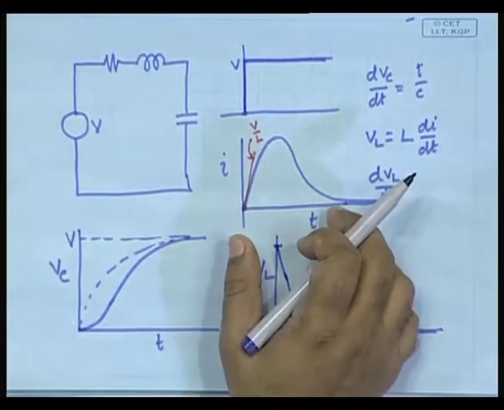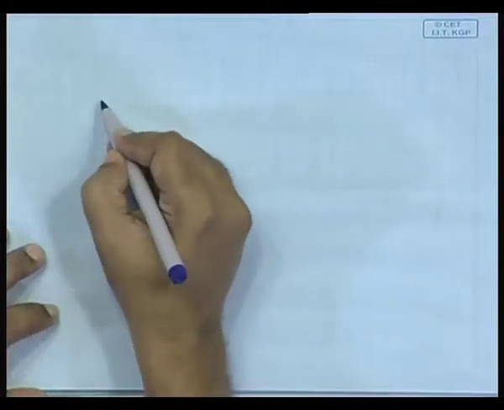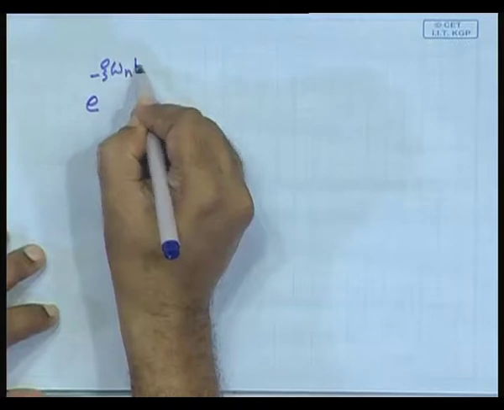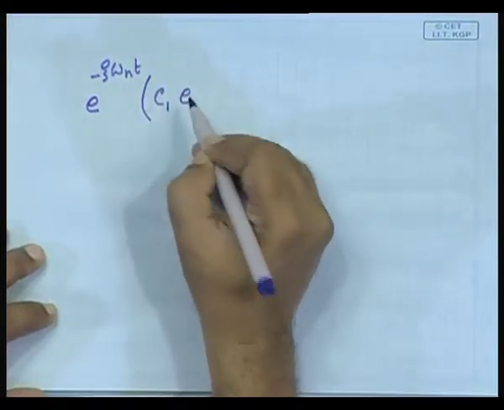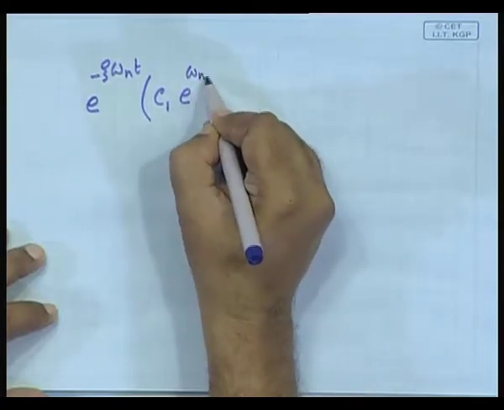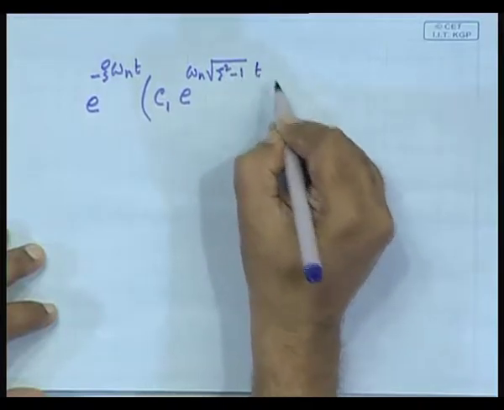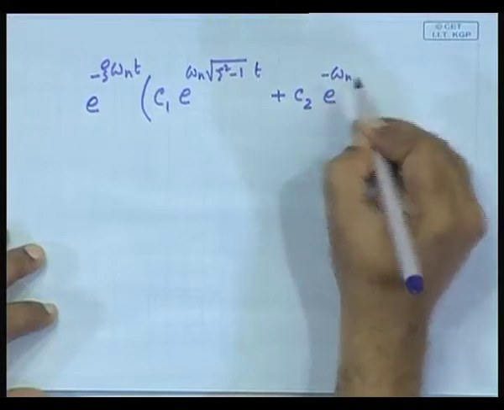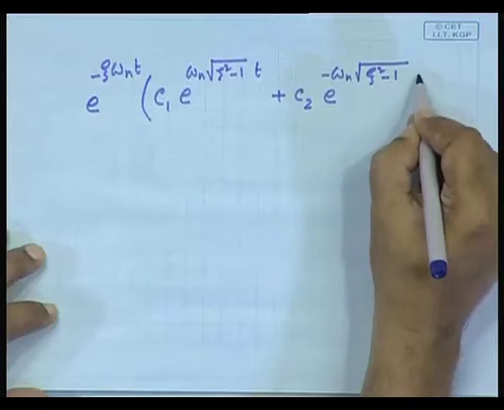And we had earlier seen that the expression of this will be something like e to the power minus zeta omega n t, C1 e to the power omega n root over zeta square minus 1 t plus C2 e to the power minus omega n root over zeta square minus 1 t.